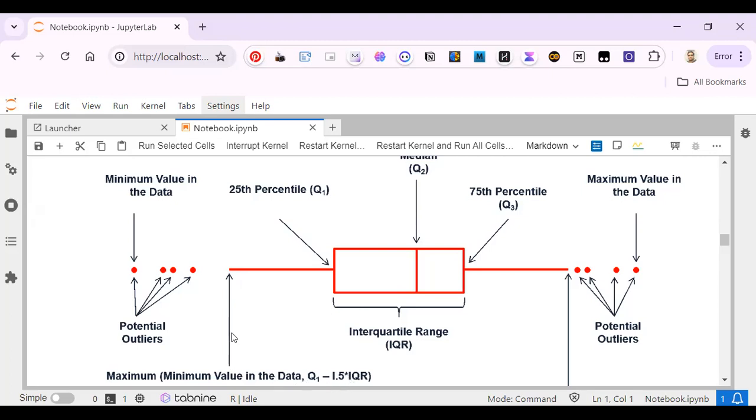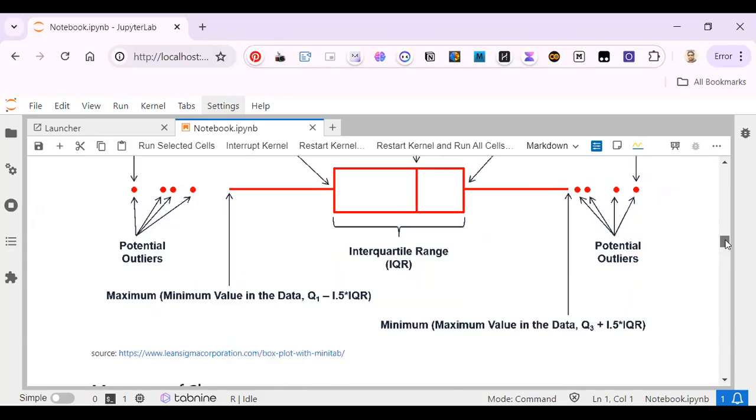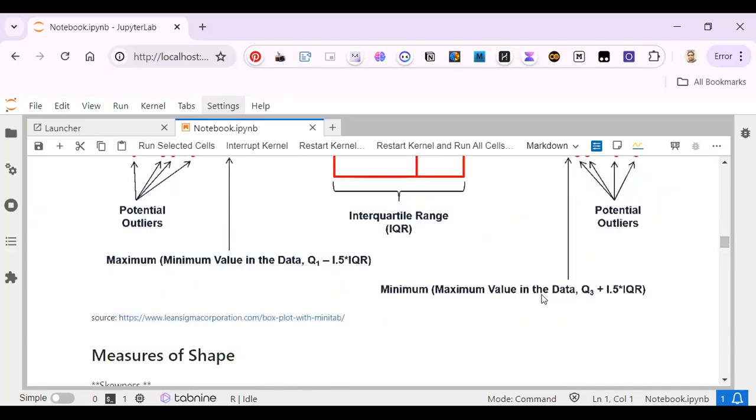This is the maximum value in the data, Q3 plus 1.5 times IQR. What is IQR? IQR indicates the interquartile range, which is Q3 minus Q1.